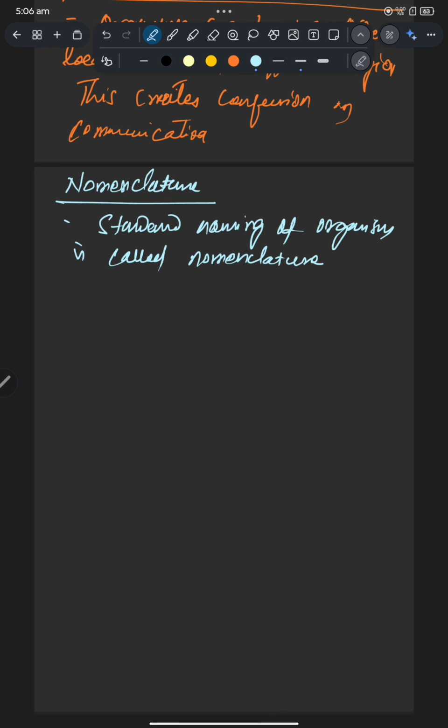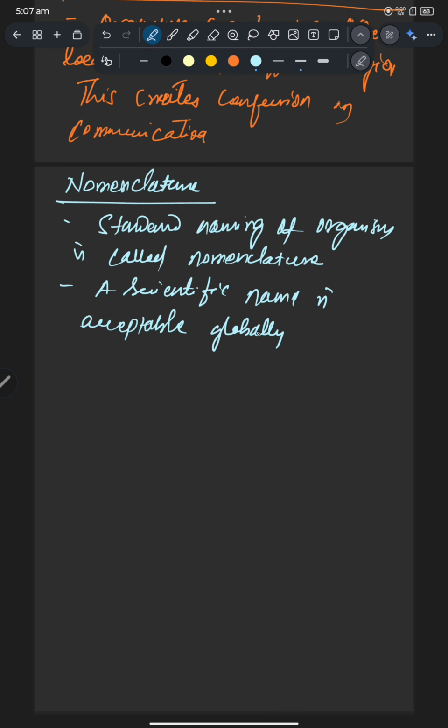Okay, and this is basically the scientific name. So a scientific name is acceptable globally. Wherever you go, if you say the scientific name, they can search it even in the dictionary, or if it is a biology student or a biology person, then very easily he can know what you are talking about.